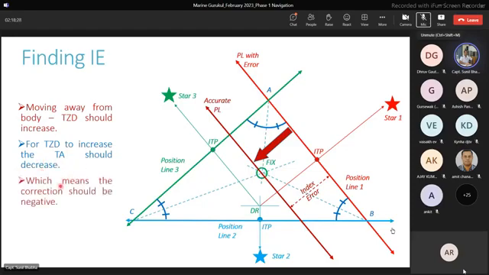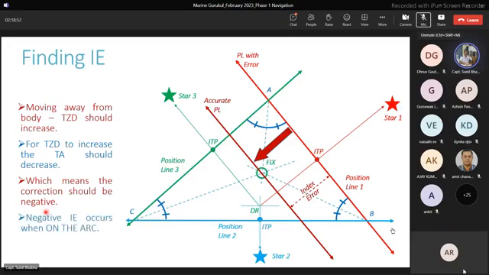Now for the true altitude to decrease, the correction which we are applying should be negative. So this tells us that the index error which we are applying in this case should be negative.